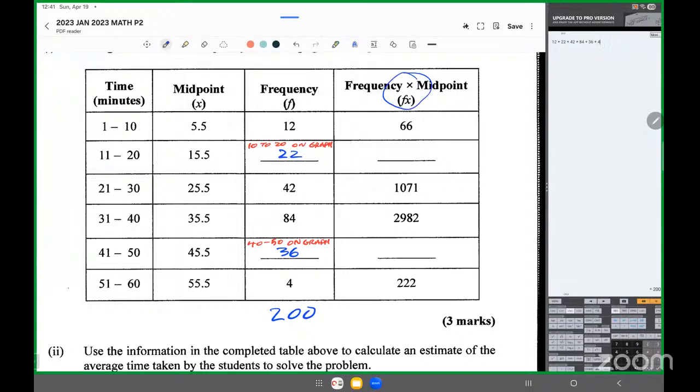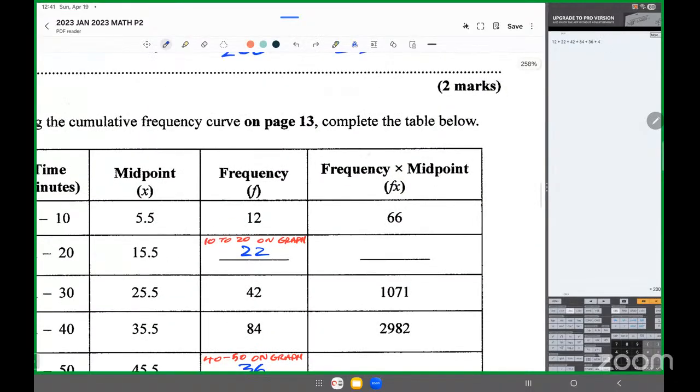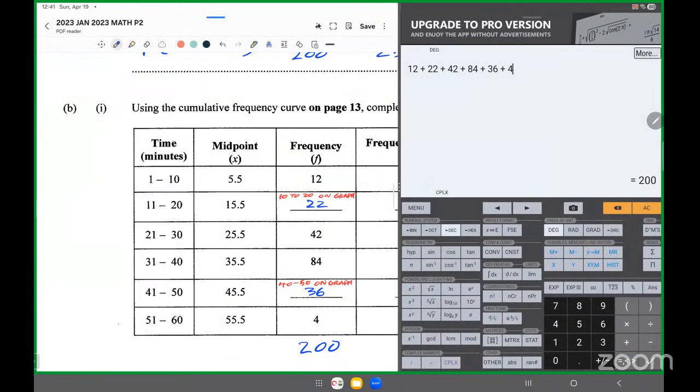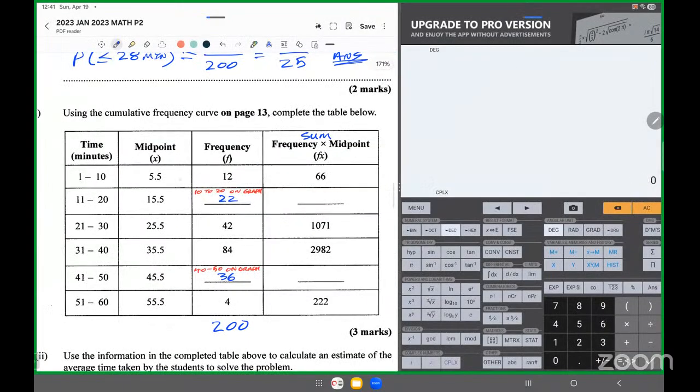This is your sum column. F times X, remember, is your sum column, if you are adding up all the time taken by all the students. So multiply these two first to get this. It is already done. You multiply these two to get this. We don't have it yet, so we need to do it.